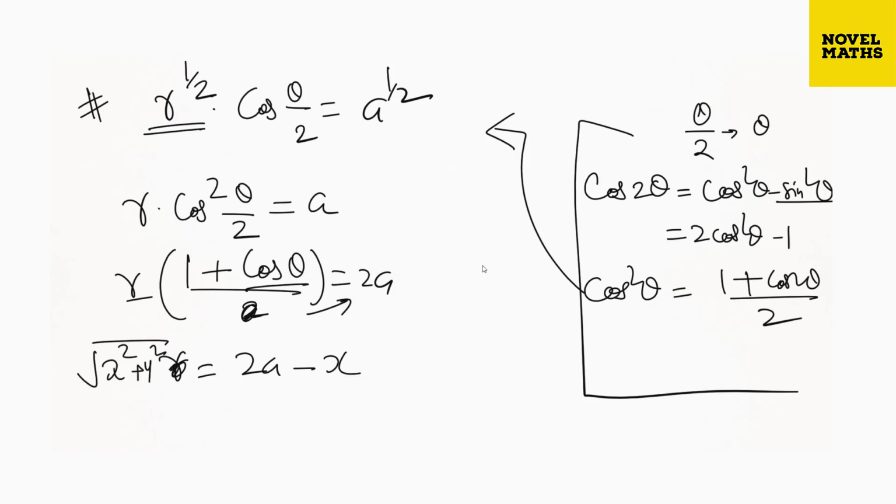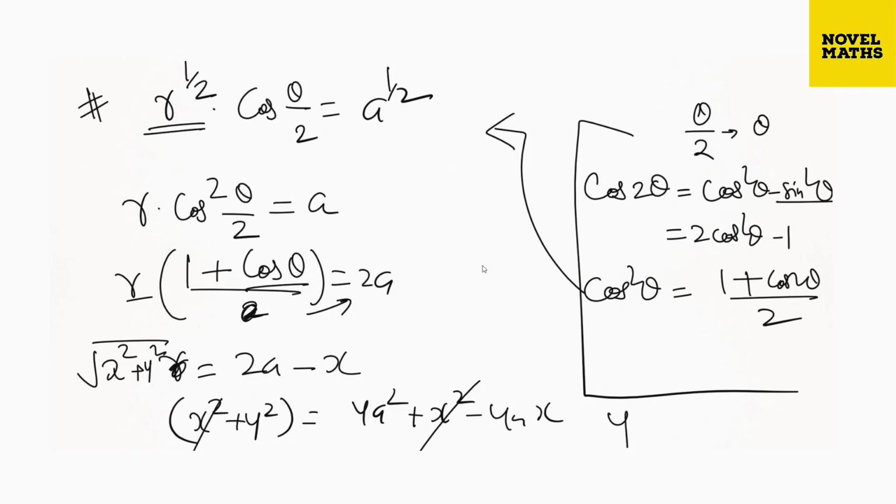Square both sides, so this becomes x square plus y square equals 4a to the fourth plus x square minus 4a square x. This cancels out, so the final answer is y square plus 4a square x equals 4a to the fourth.